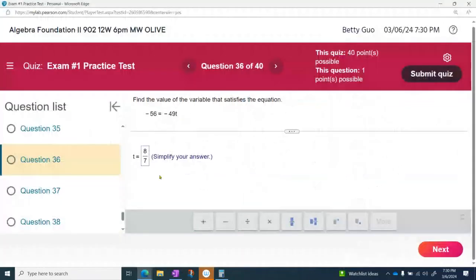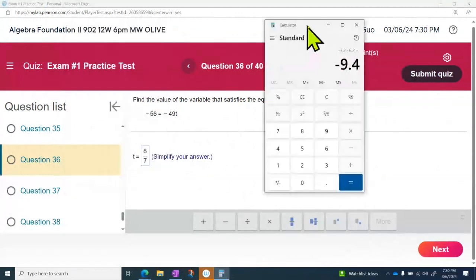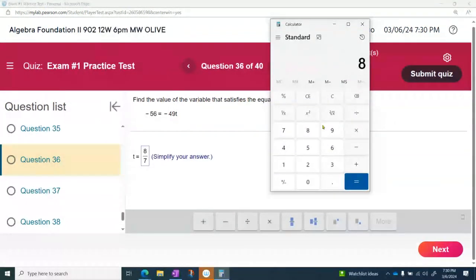Your answer is going to be 8/7. Please don't do this, okay? Please don't use your calculator, divide 8 by 7, and round it to 1.14 and enter 1.14. That is going to be wrong.